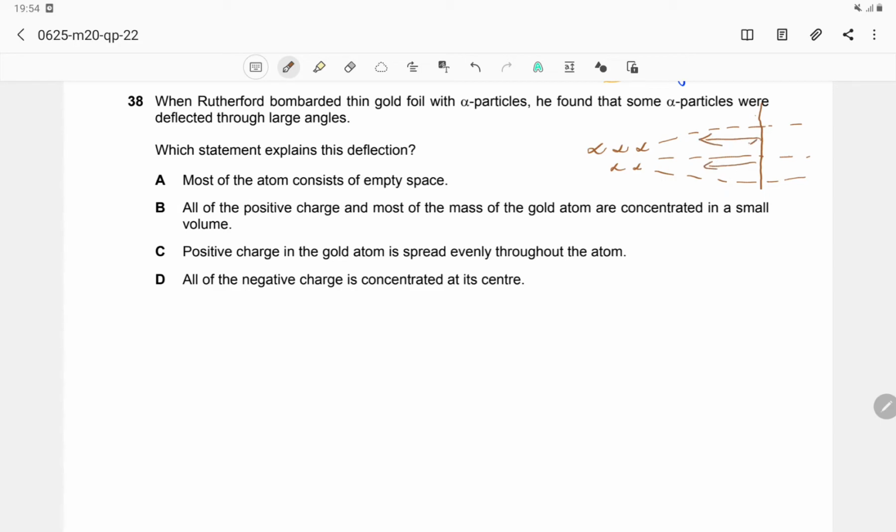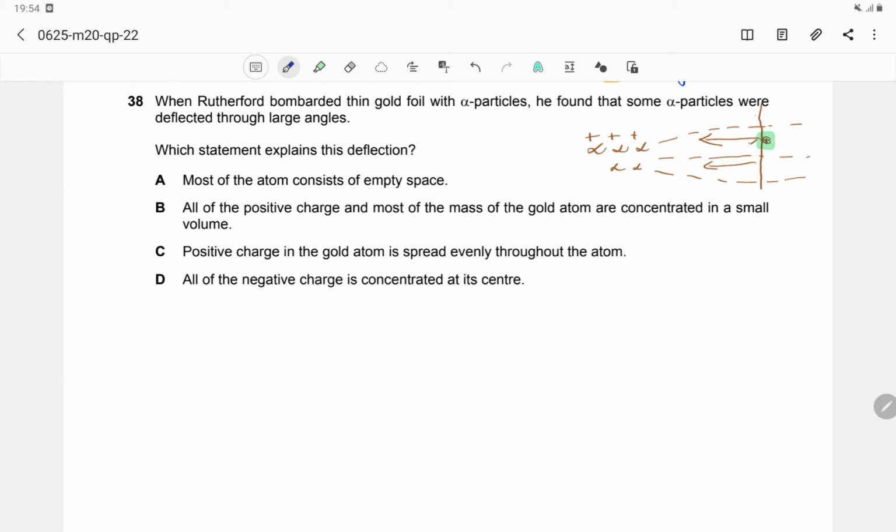So what could be the reason? Since the alpha particle's charge is positive, at only a particular point inside the atom there is a positively charged part, and since very few alpha particles are reflected, we can understand this positively charged part is very small, and almost at the center of the atom. So that was the conclusion he made.